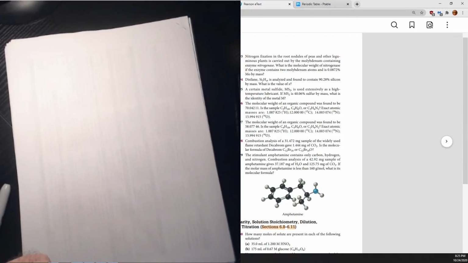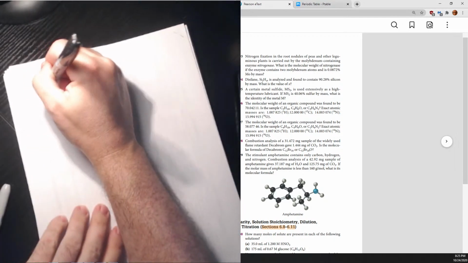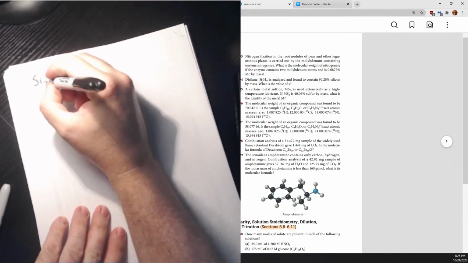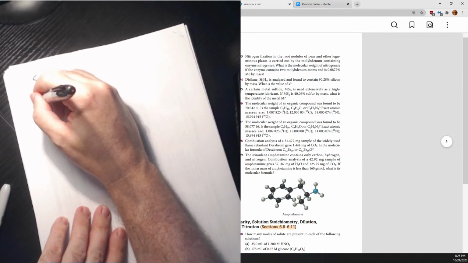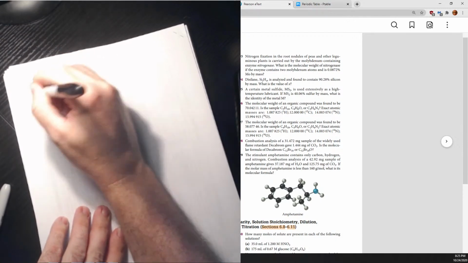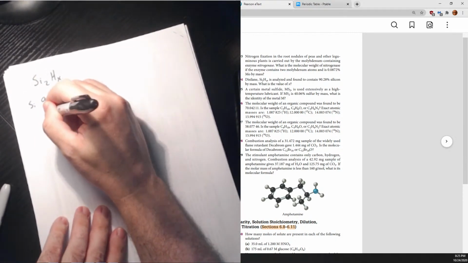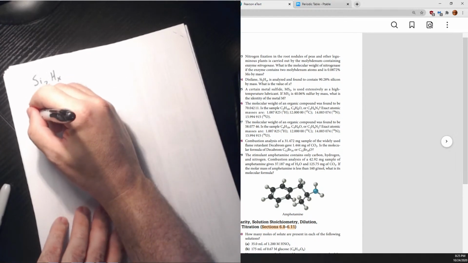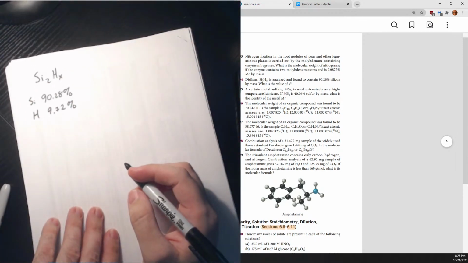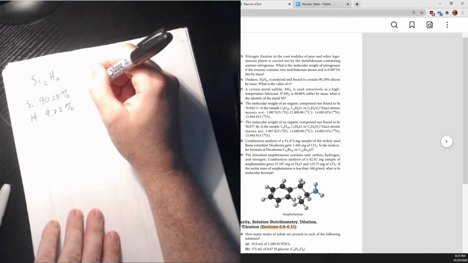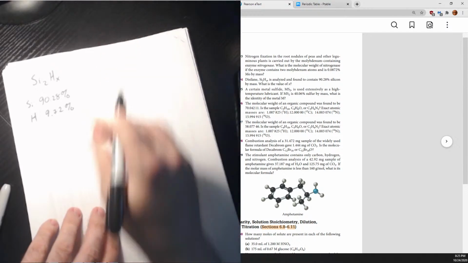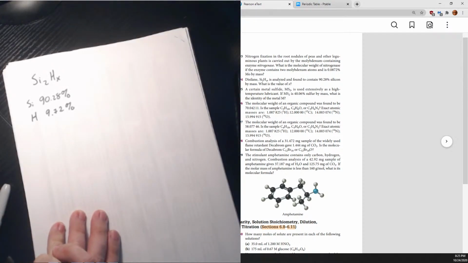So, disilane, Si2HX, is 90.28% silicon, which means it is going to be 9.72% hydrogen. Let's see. I wonder if there is a clever way to do this.